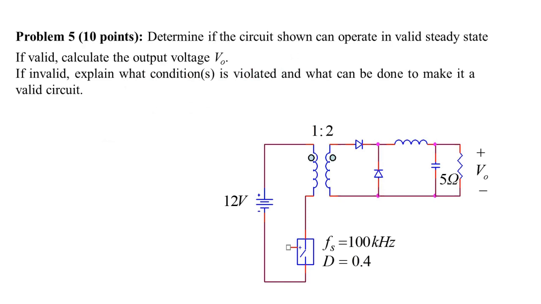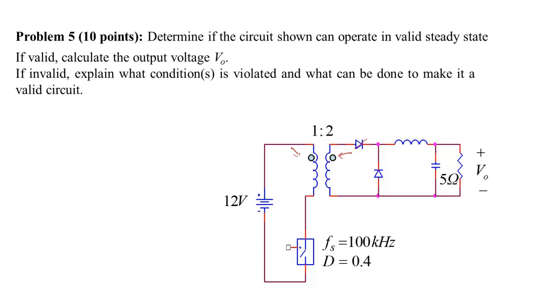So without that, it actually violates flux continuity principle, because when the switch was on, current was entering the dot. When the switch is turned off, we need a current to enter the dot that is blocked by this diode here. So if you write, it violates the volt-second balance principle.